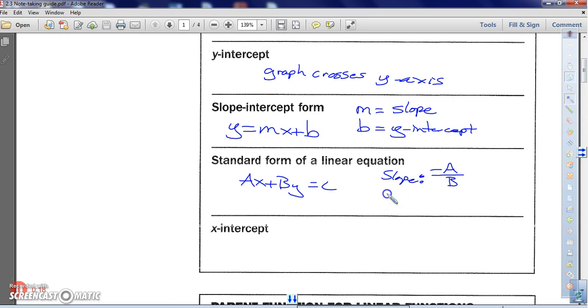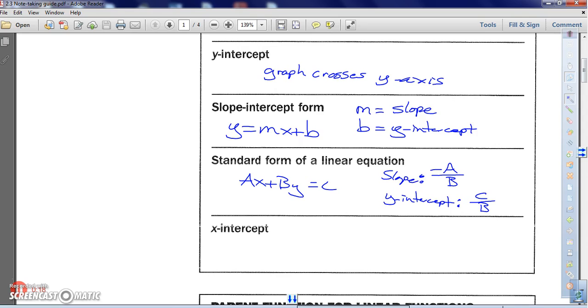There's also a shortcut for the y-intercept. To find the y-intercept, when you have an equation in standard form, you take the c, which is your constant, and you divide it by the b. And so that'll always tell you the y-intercept in the problem, the place where it crosses the y-axis. And there's also a shortcut to find the x-intercept.